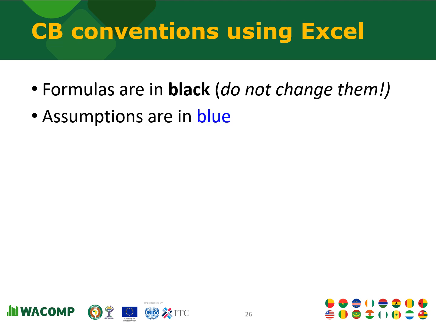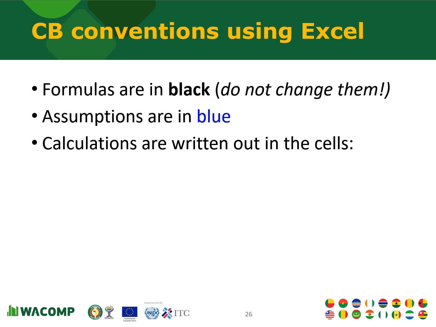Assumptions are in the blue cells with blue numbers. I advise you to please write out formulas inside the cells. Here is an example of the cost of energy consumption of an oven. You see the formula in blue. 3.6 multiplied by 2 multiplied by 90 plus 40 times 35 divided by 400.